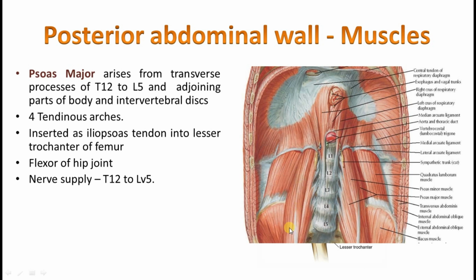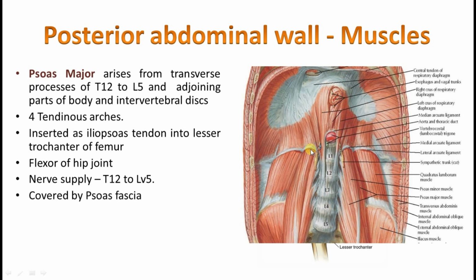Now, the iliopsoas fascia above the iliac crest is called purely psoas fascia. It thickens to form the medial arcuate ligament. The upper part of the psoas fascia thickens to form the medial arcuate ligament.